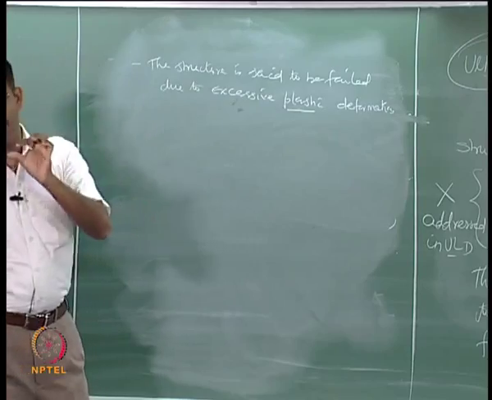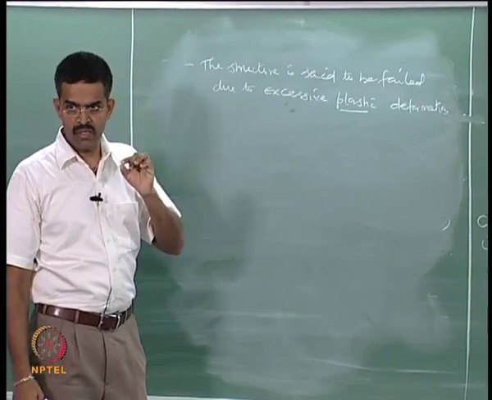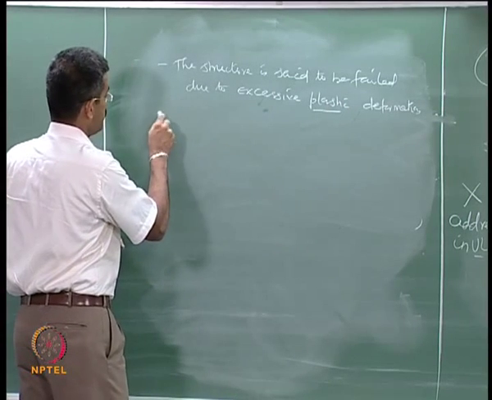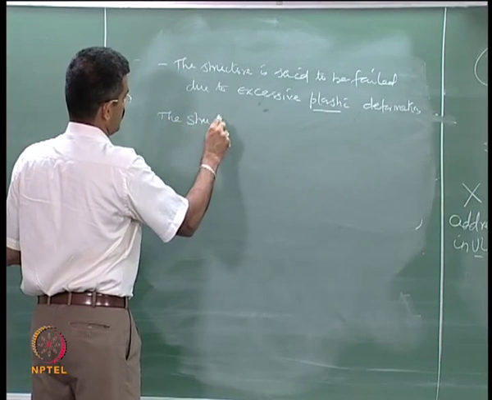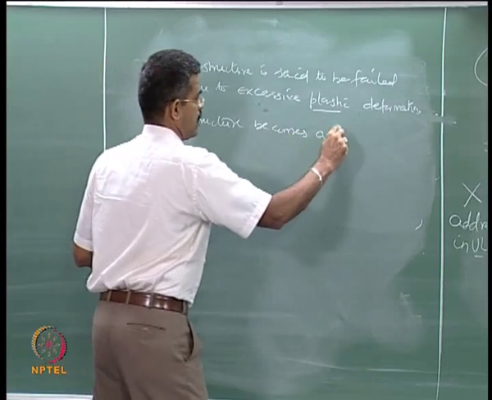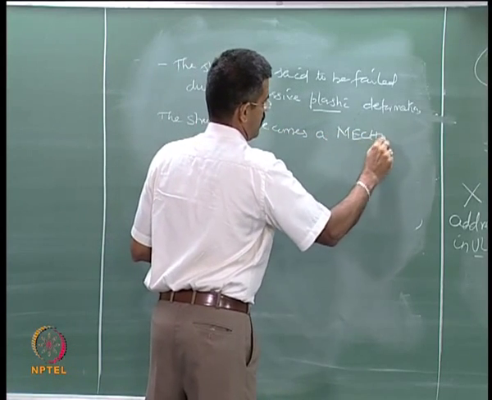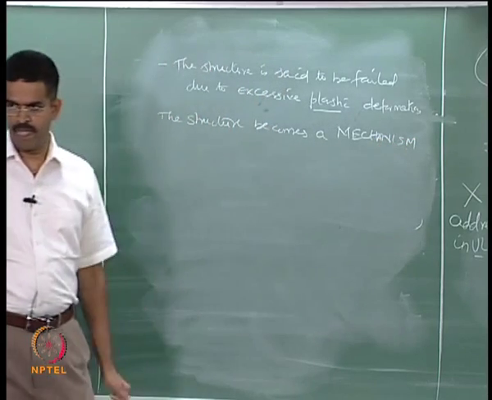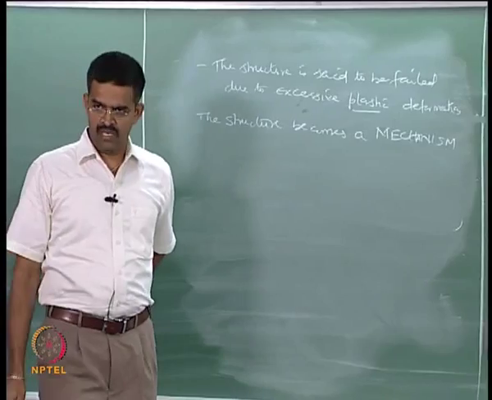There is a special name given to the structure once this deformation level is reached. The structure becomes a mechanism. It is no more a structure, it becomes a mechanism.